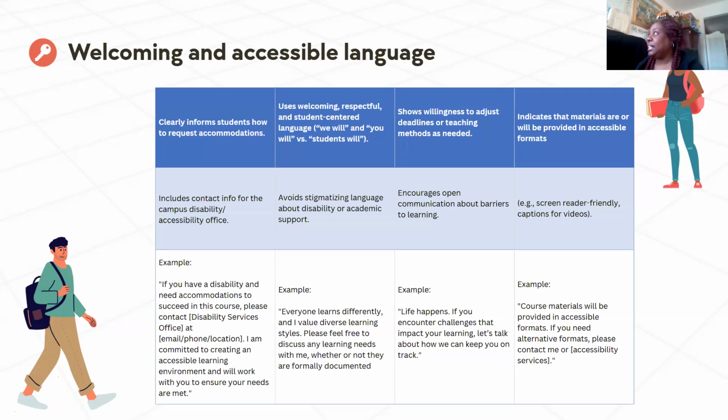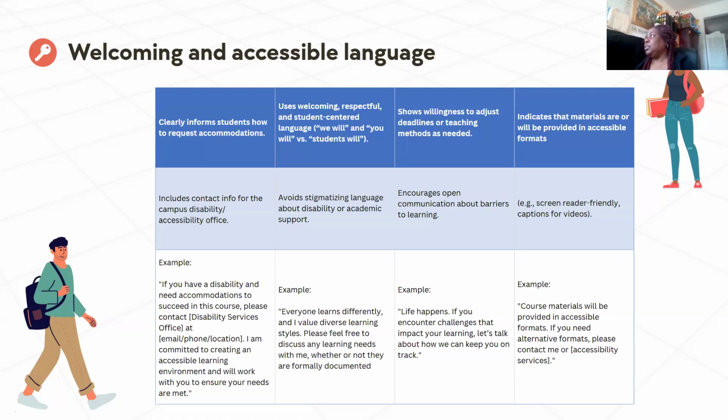I've seen that so many times, saying students will, and it avoids the stigmatizing language about disability and academic support. An example would be, everyone learns differently and I value diverse learning styles. Please feel free to discuss any learning needs with me, whether or not they are formally documented. So that's one of the ways we have it.